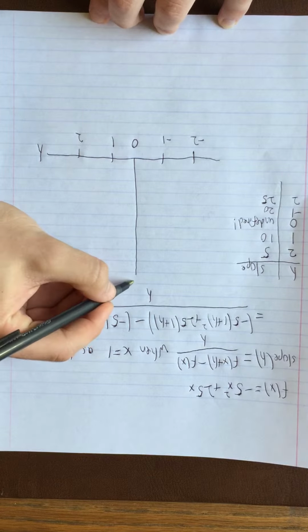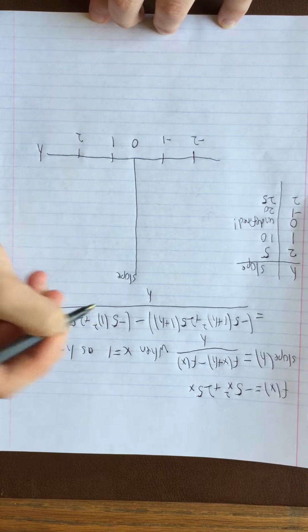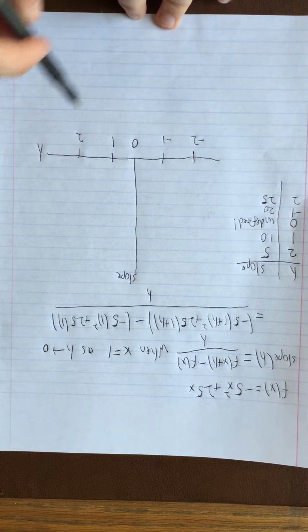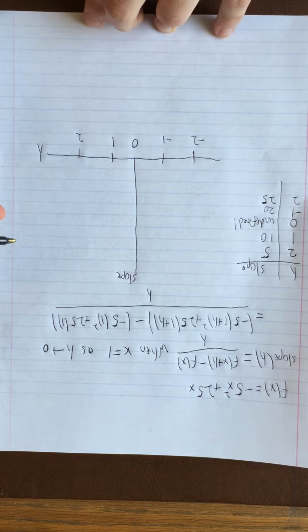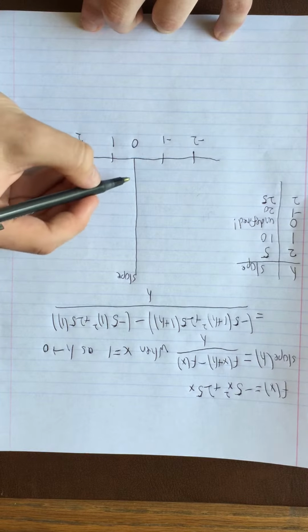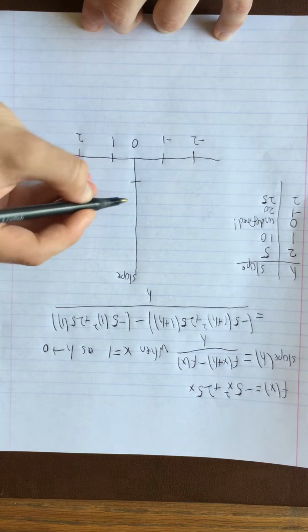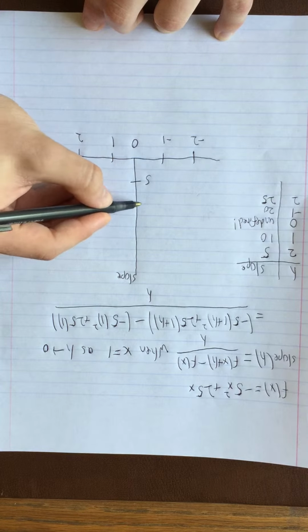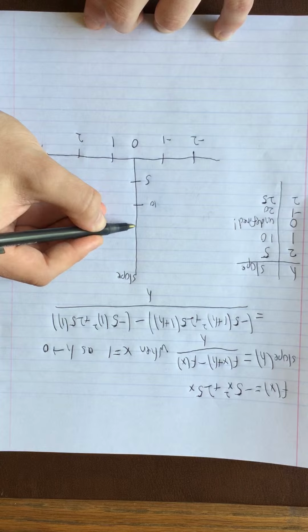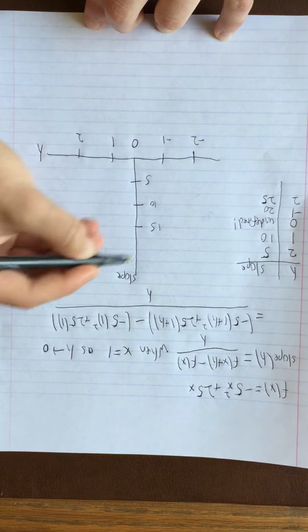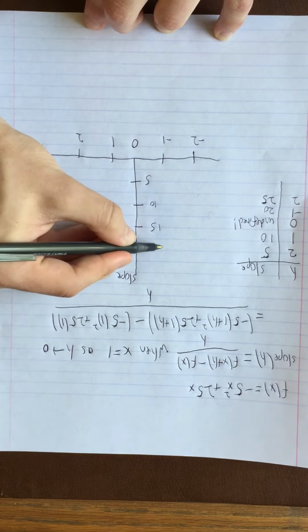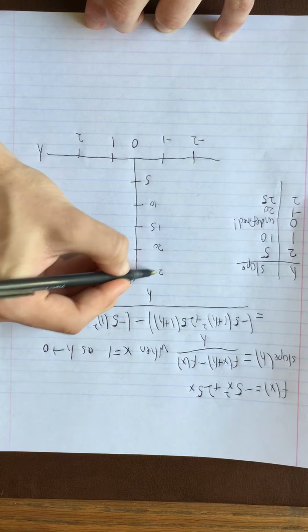And on the y-axis here, on the vertical axis, that's the slope of that tangent line for a given value of h. So we can plot our points. If we define this to be 5, 10, to be 15, and to be 20, to be 25.